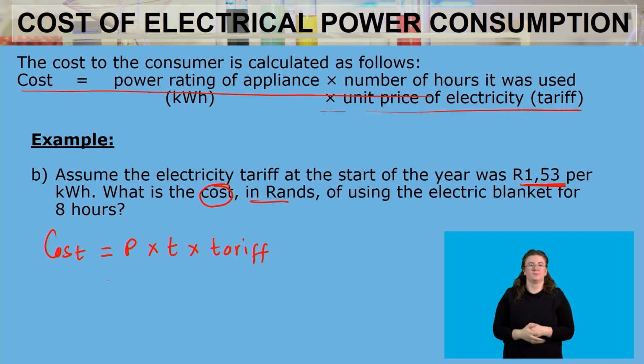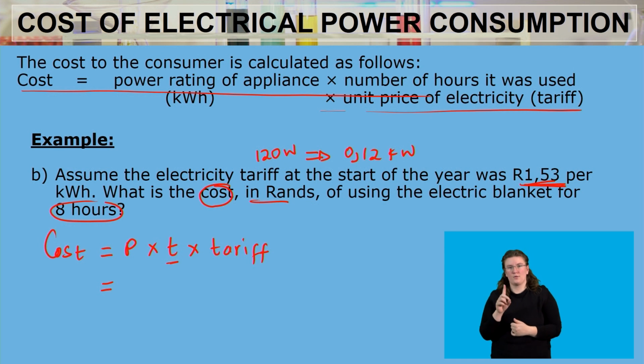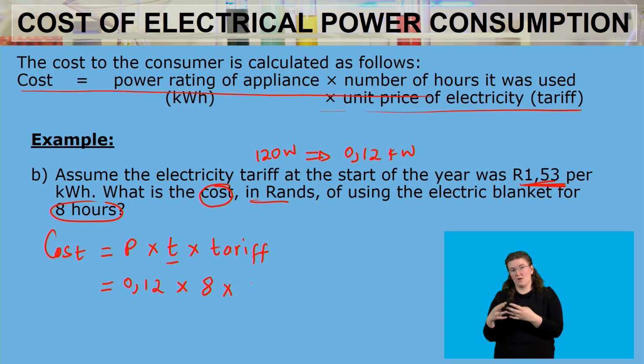And remember, our tariff is given to be R1.53. The power is still the very same appliance, which is 120 watts, and we know that it needs to be converted to kilowatts. We did that already and found it to be 0.12 kilowatts. The time was still 8 hours, and the tariff is R1.53. So P, the power rating of the appliance, is 0.12, multiplied by the time, which is still 8 hours, and multiplied by the tariff, which is R1.53.